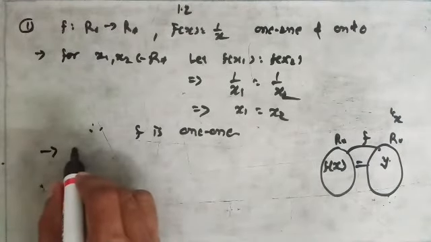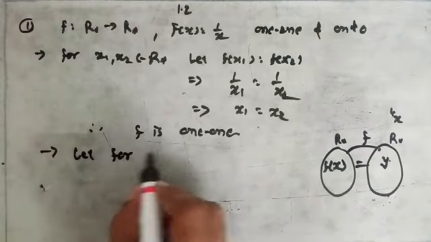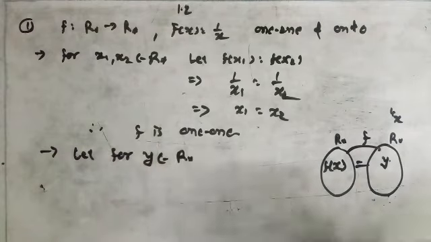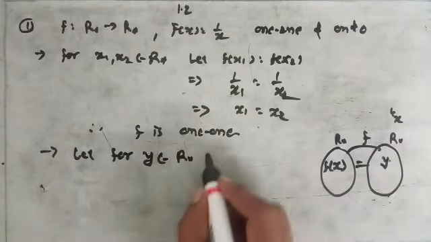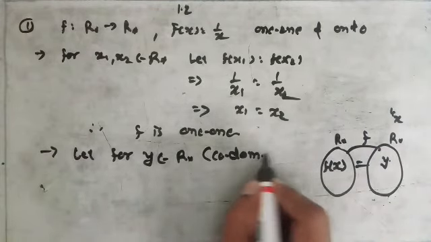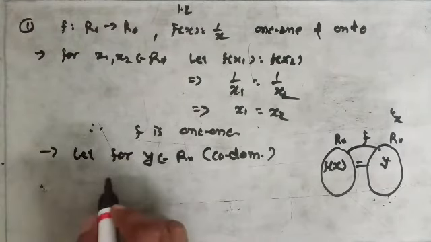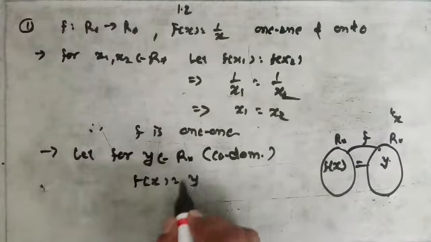So let y belong to R star, which is the codomain. For y belongs to R star, f(x) is equal to y.